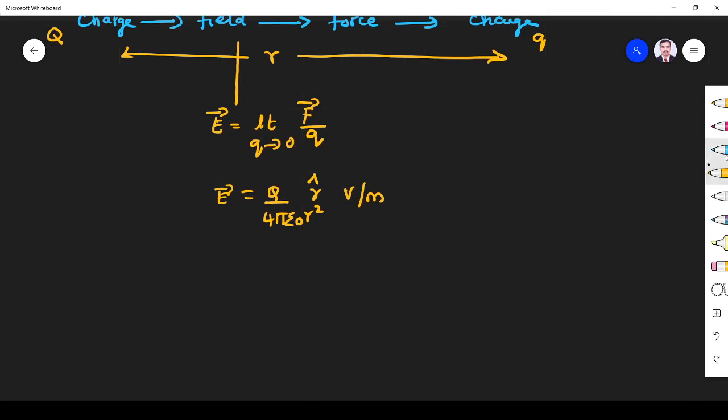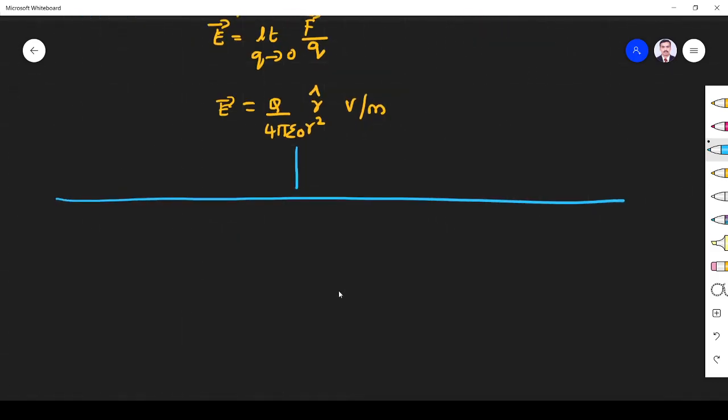Now, from the electric field, we have to take three different paths. The first path is curl, that is del cross E. Curl of electric field is 0. That means the electric field will not rotate; electric field is irrotational.